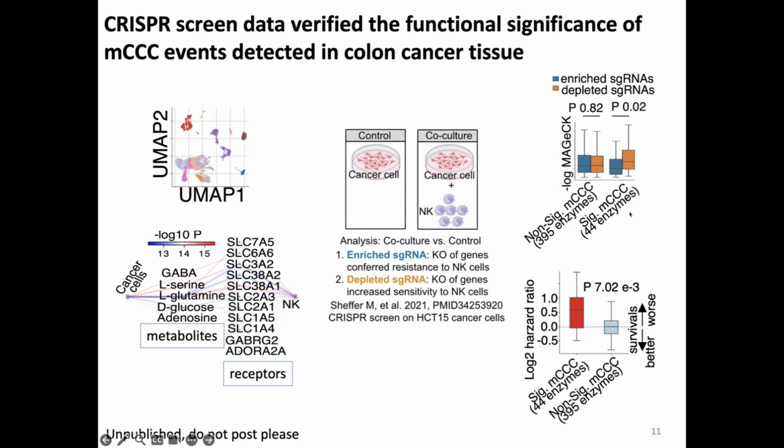To further test the effects of those communications, we also analyzed the TCGA colon cancer RNA-seq datasets. What we found is that high expression of those genes involved in the communication between the cancer cells and the NK cells is associated with poor survival of the patients.